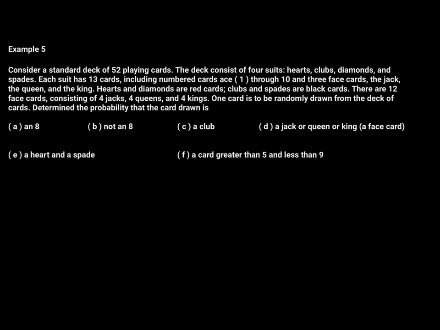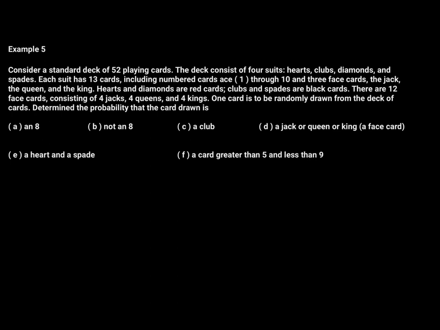All right, so let's do it. Let's do, obviously, one at a time here, folks, okay? So here we go. Let's do the probability that the card drawn is an 8.